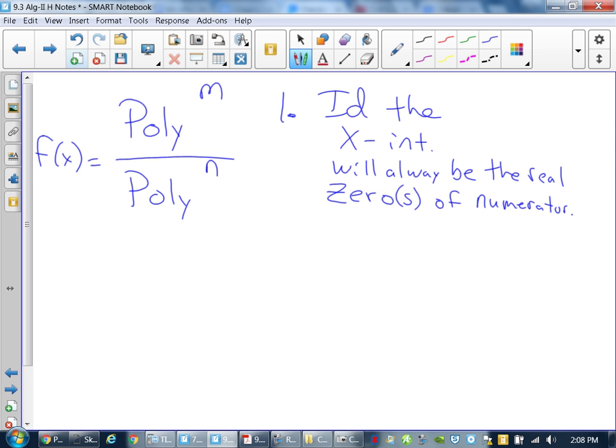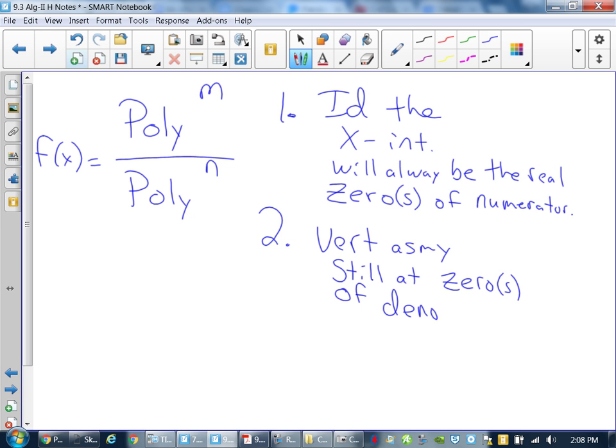The second thing we do is then we identify where the vertical asymptotes are. The vertical asymptotes are still at the zeros, in parentheses, of the denominator. Very, very similar to what you did yesterday.